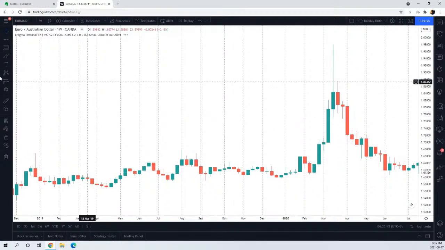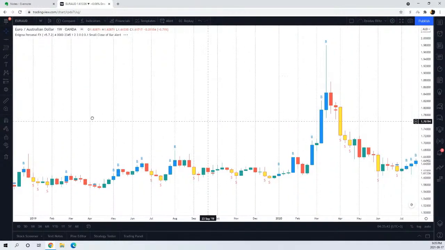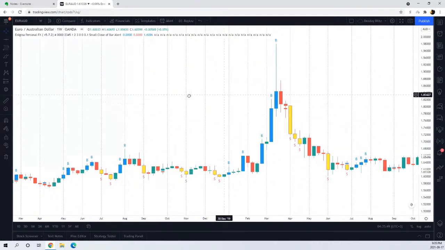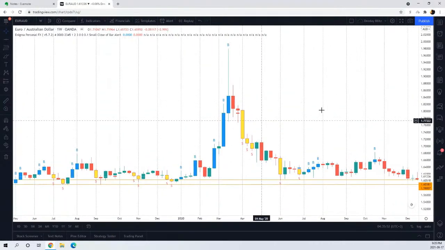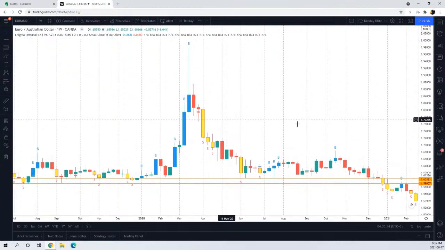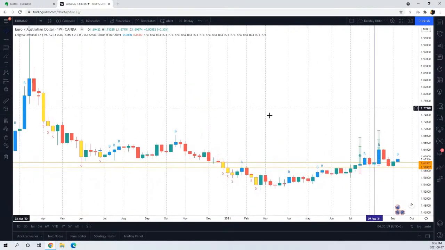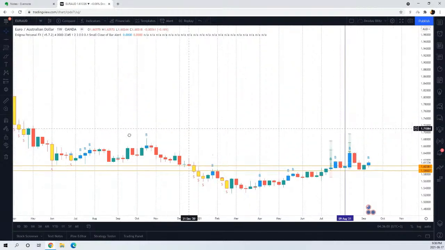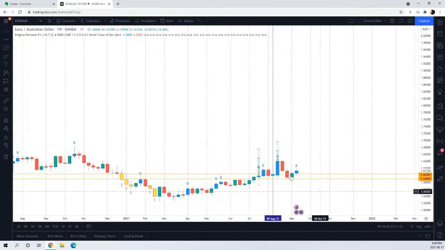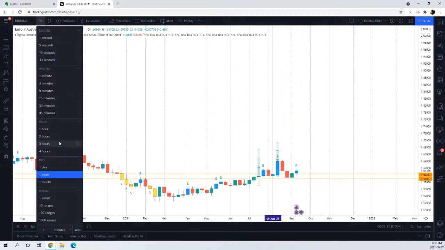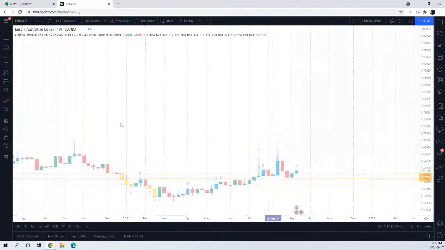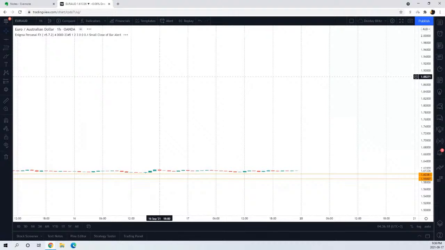So we should look for an up candle. Let's see. Yeah, it was an up candle here. So we're 8 out of 8. Go back on the hourly chart.